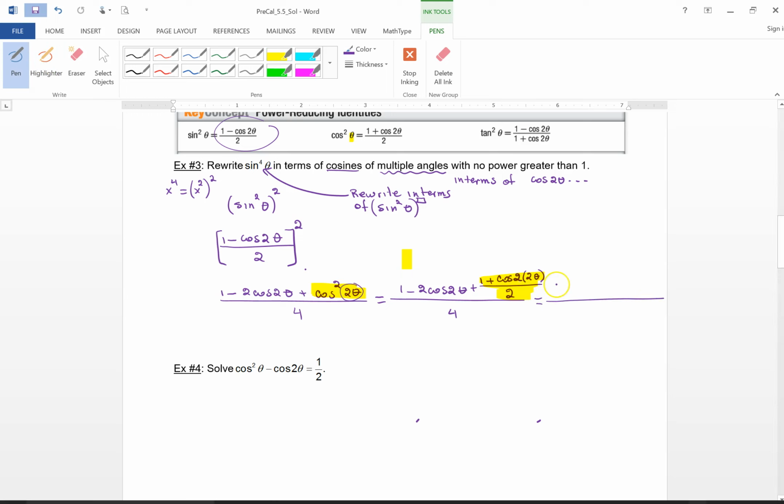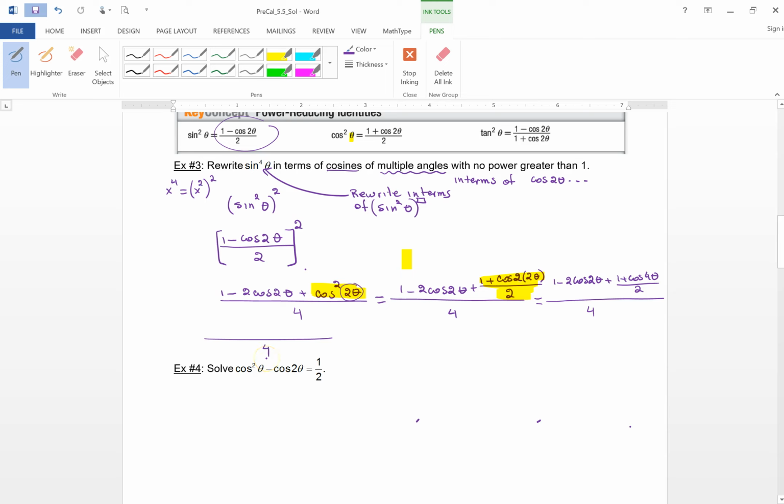So what happens here? 1 minus 2 cosine 2 theta plus 1 plus cosine 4 theta over 2, all over 4. Now, can I do a common denominator for the top here? Sure I can. Here I have over 4, and this has a denominator of 2, so I'm just going to multiply everything by 2 over 2 to make a common denominator.